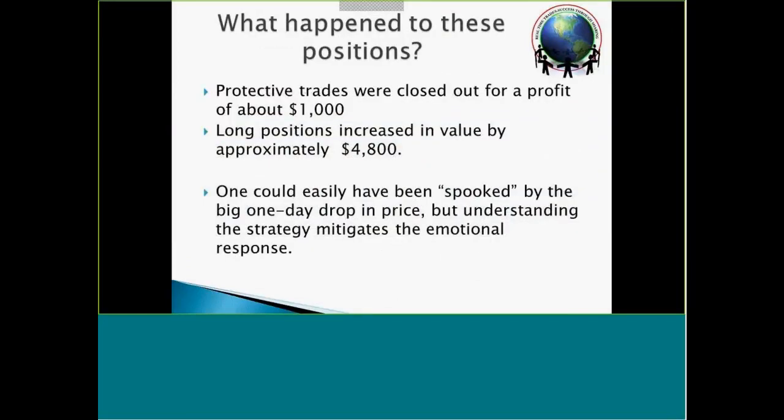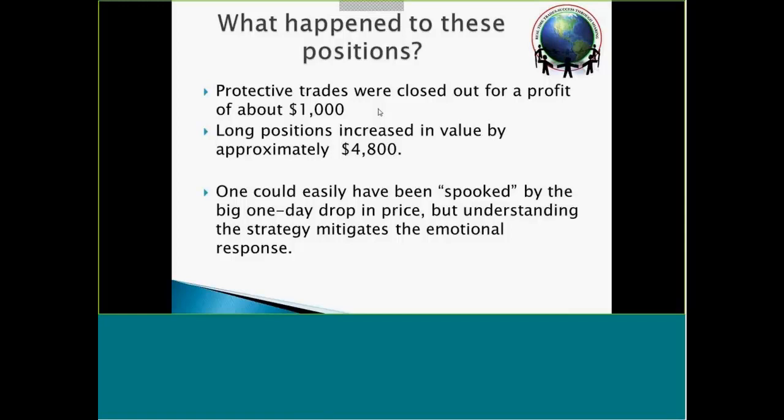So just a little bit of history on that. Protected trades were closed out for about $1,000. Long positions eventually increased by about $4,800. This is one of those situations where, again, the investor psychology comes into play. You want to have the level of confidence in how you trade any strategy, so that when something strange happens, you can look at it and say, yes, I planned for the scenario.